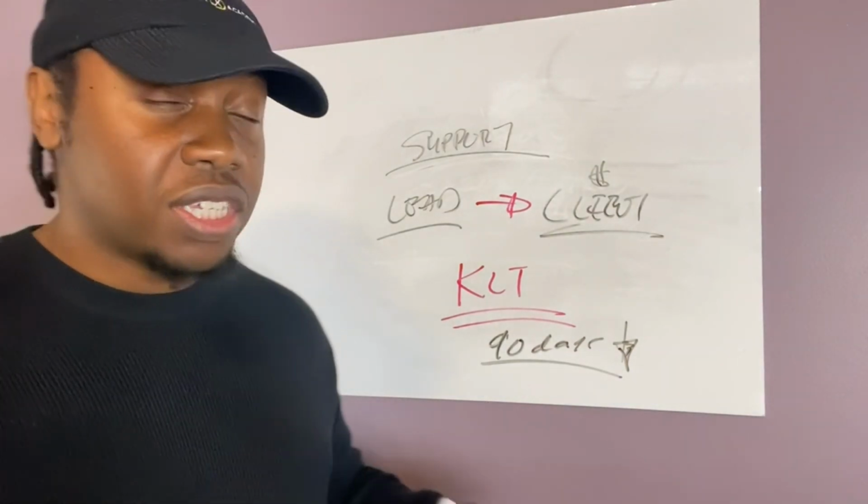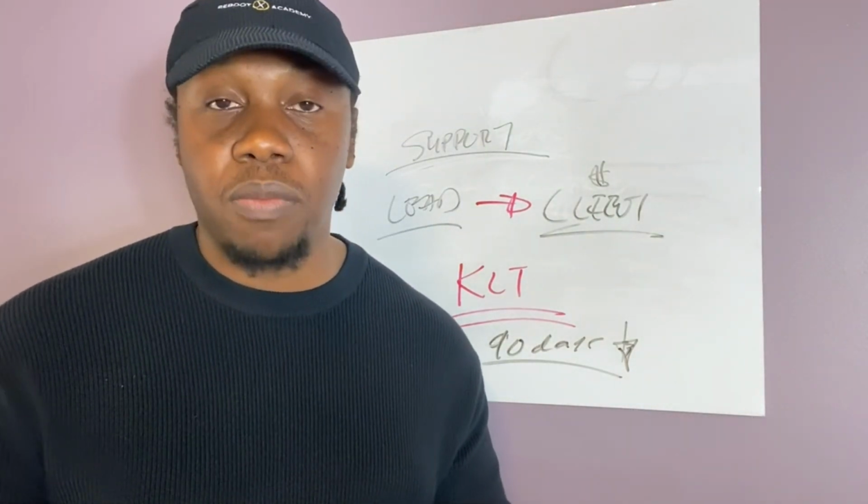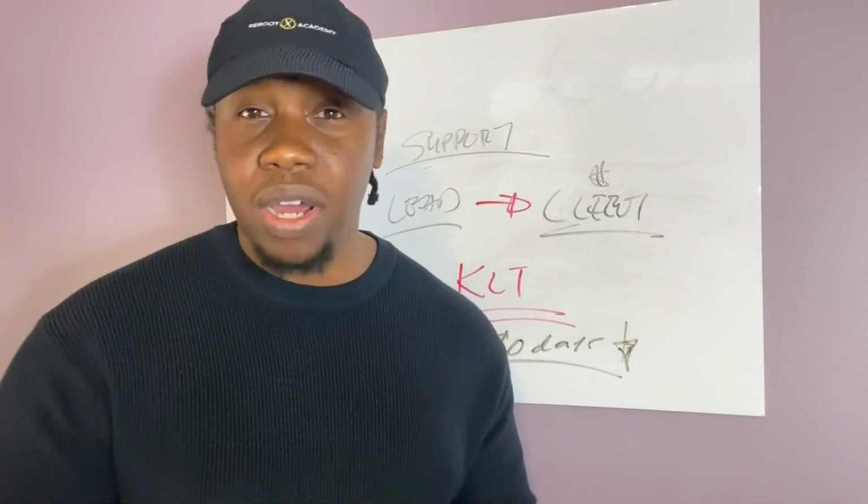So these are two huge things that you can use to navigate your sales cycle in growing your brand and your business. It doesn't matter what it is you're selling, right?